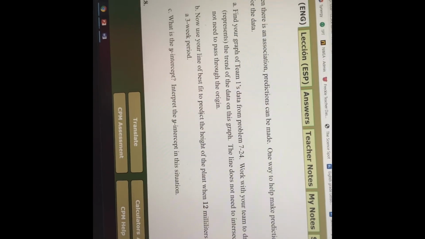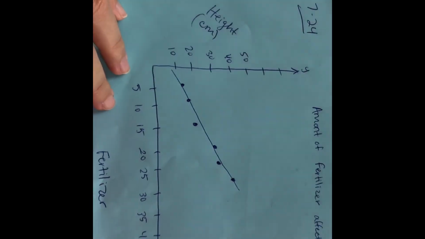Okay, last problem. So, when there is an association, predictions can be made. One way to help make predictions is to draw a line or curve of best fit. Oh, that's why I drew the line of best fit for part A. So team 1's data, we're going to show a line of best fit. This is how I showed mine.